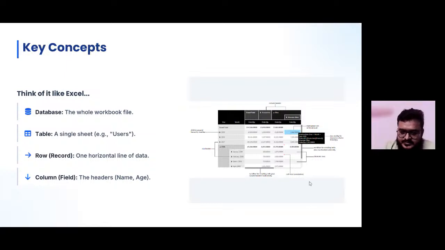So that's what you have seen, the entire workbook file. We have one workbook file, and inside it we have multiple sheets. In PostgreSQL, you have one database that can contain multiple tables. A table is like a single sheet in Excel. If your workbook is about a restaurant, you might have one sheet called users, one called orders, one called products.